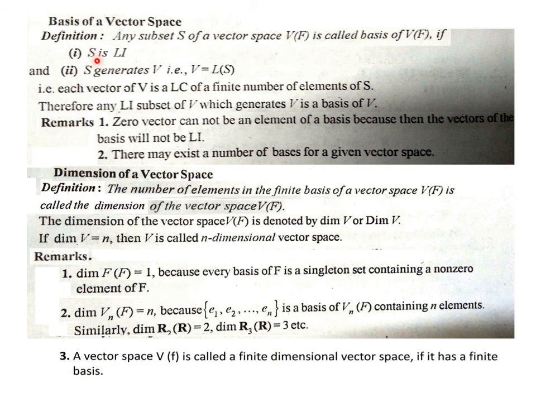First of all, the contents of S, that is, all vectors which are parts of set S, must be linearly independent. And second, S must generate V, that is, V equals L(S). L(S) means its span, that is, all vectors of V must be generated through S.